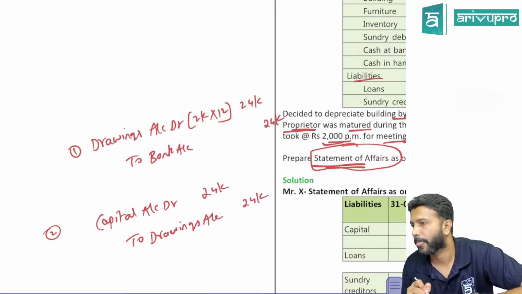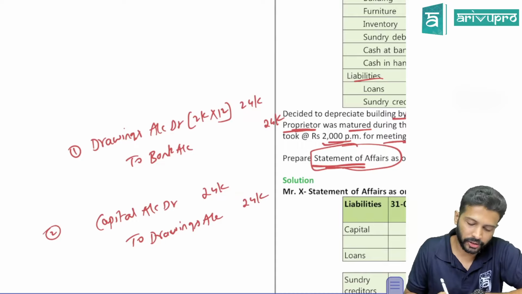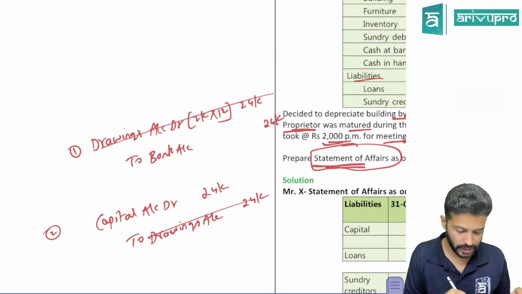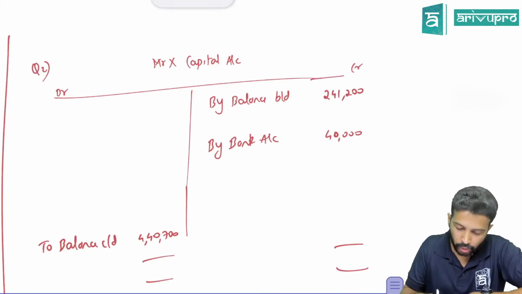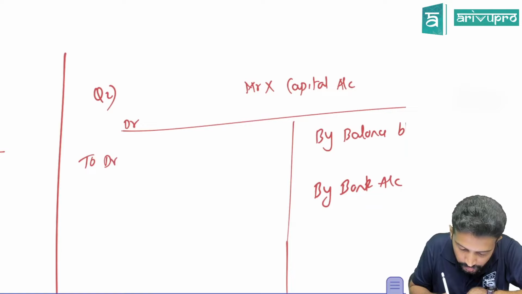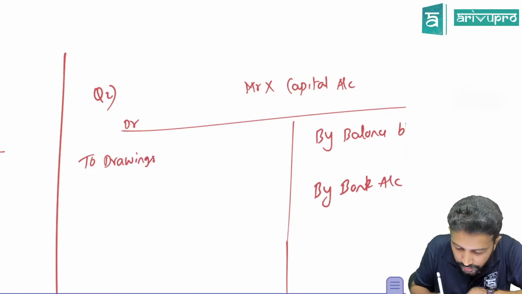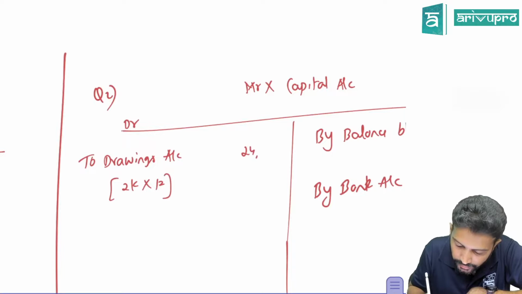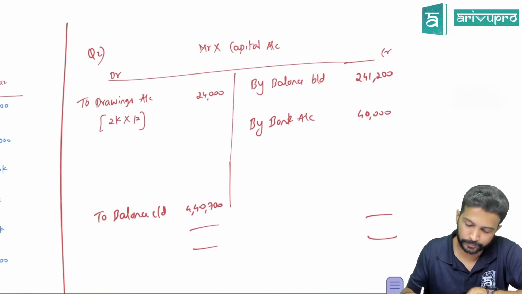Is this okay? That is the reason drawings will not come in the balance sheet, because its balance has been nullified. So in the capital account, the posting will be to drawings account, 2,000 every month into 12, that gives you 24,000.